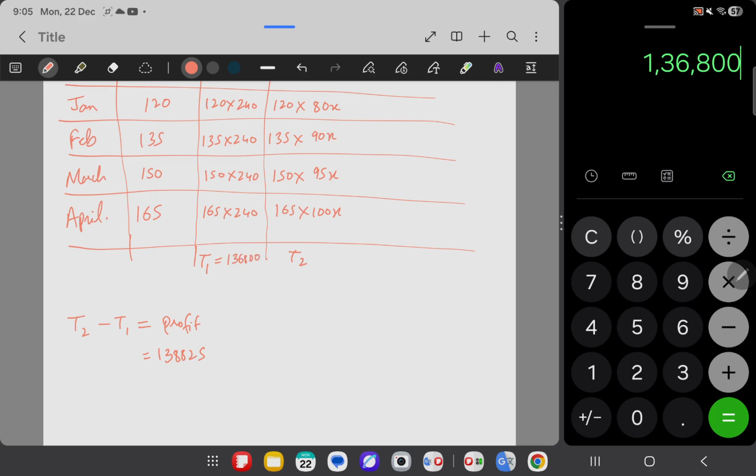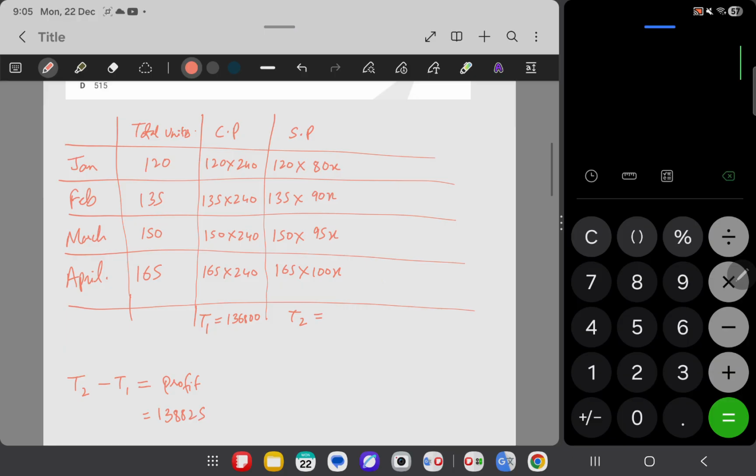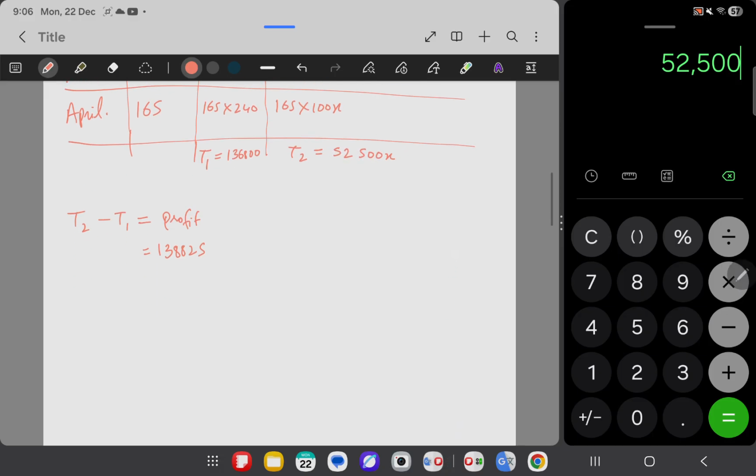And for T2, 120 into 80 plus 135 into 90 plus 150 into 95 plus 165 into 100. So here we are getting 52500x.